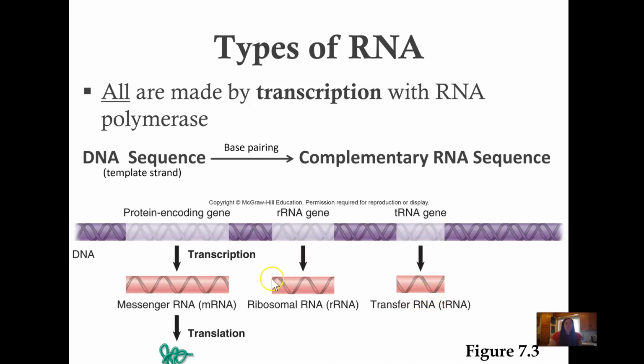And all of these RNA products are made from transcribing a portion of our DNA. So our DNA has a particular kind of sequence, and that sequence serves as a template for transcribing messenger RNA, ribosomal RNA, and transfer RNA. And of course, messenger RNA ultimately gets translated into a protein.